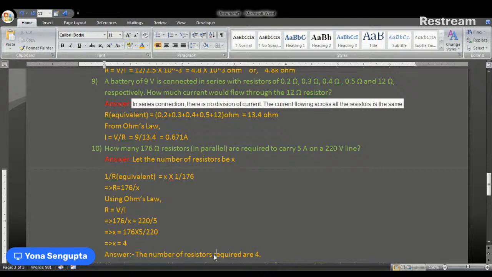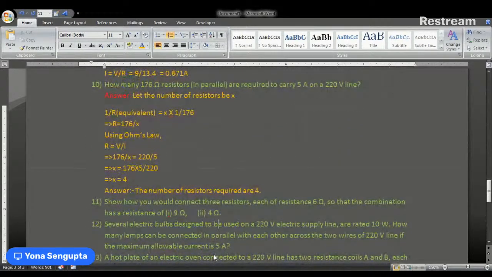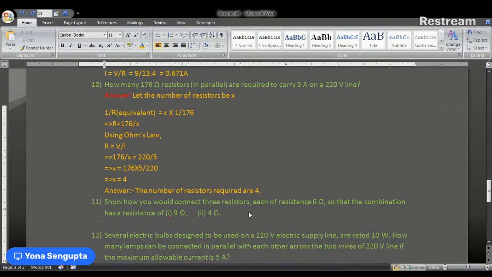So this is the answer for number 10. Okay, next we'll do number 11.